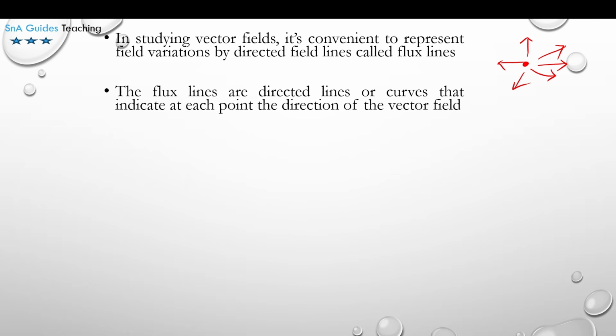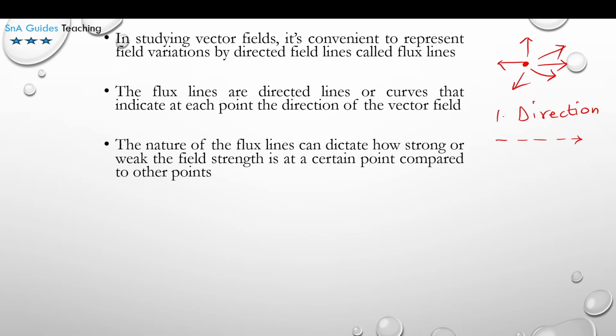From the field lines, you can immediately tell, one, the direction. The arrow tells you the direction of the field. Example, right? This means the field points to the right. Okay.